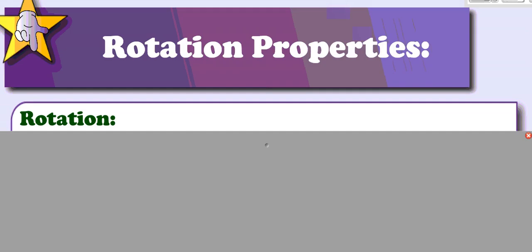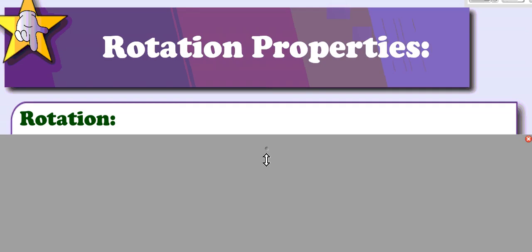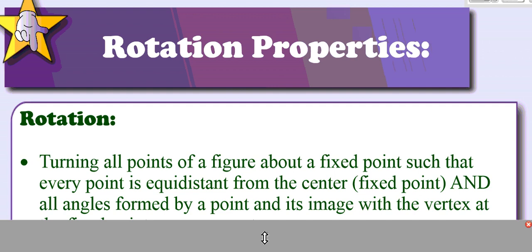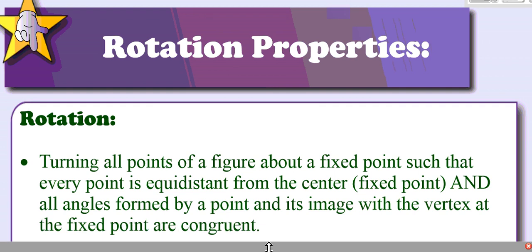All right. So rotations, a little bit more. You just got an idea of it because that's what we were doing. We were spinning shapes around. You turn or spin all the points about a fixed point.